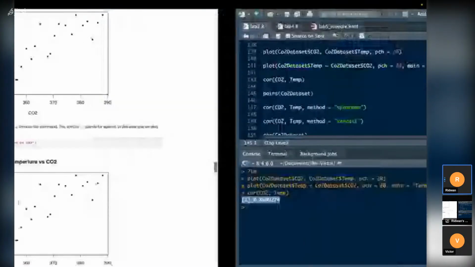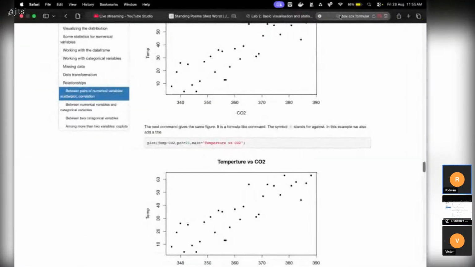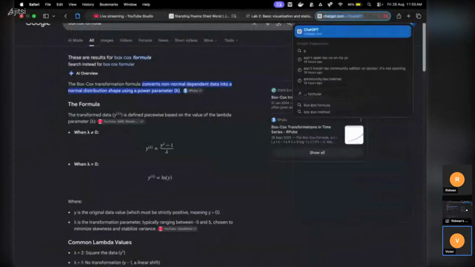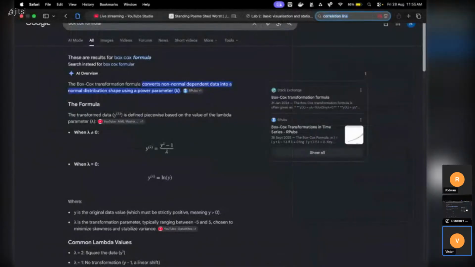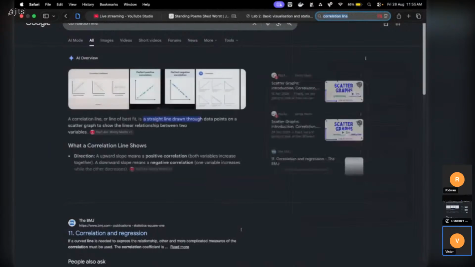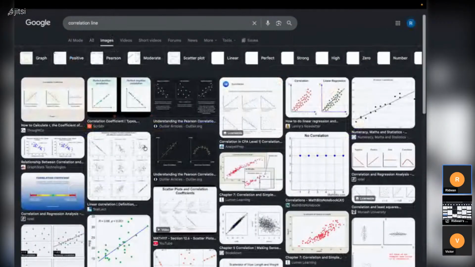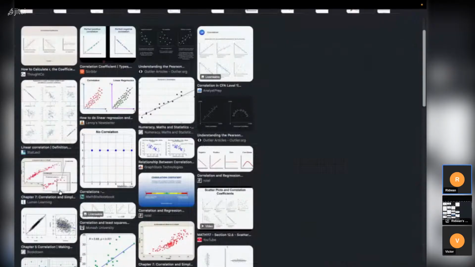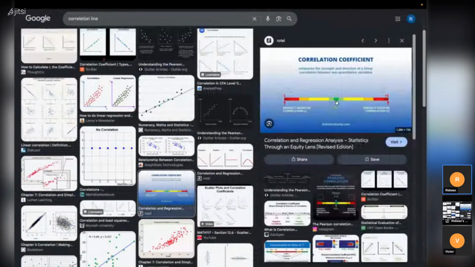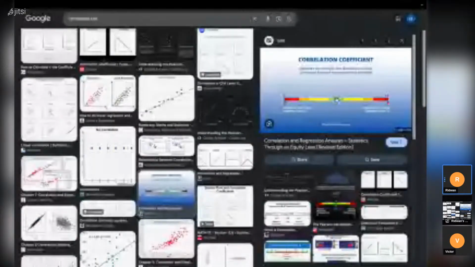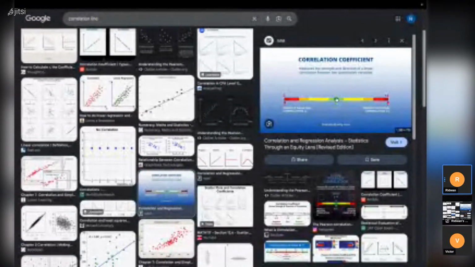Let me show you this. Can you see the line here? 0 means no correlation, while anything from above 0 to 1 is positive correlation, and anything below 0 to -1 is negative correlation.